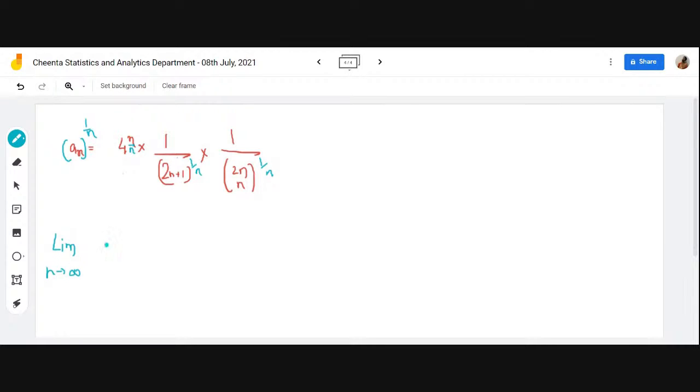So it's the same as 4 into limit n tends to infinity of (1 by (2n plus 1)) to the power 1 by n, into limit n tends to infinity of 1 by (2n choose n) to the power 1 by n. Okay. So we have got these limits.